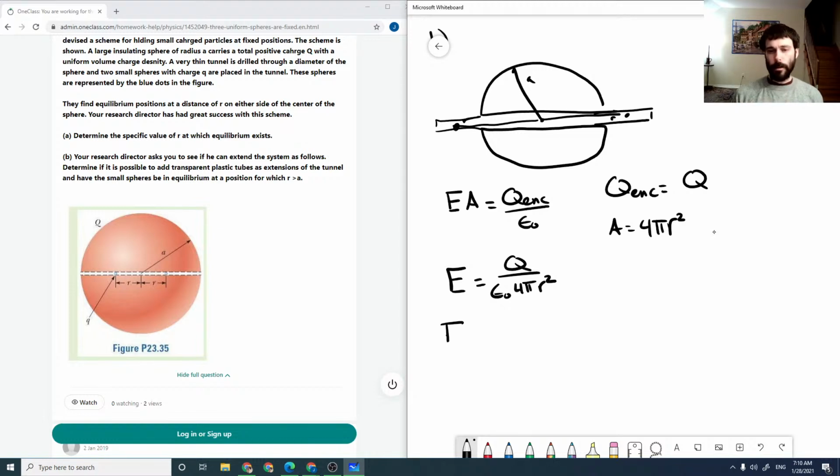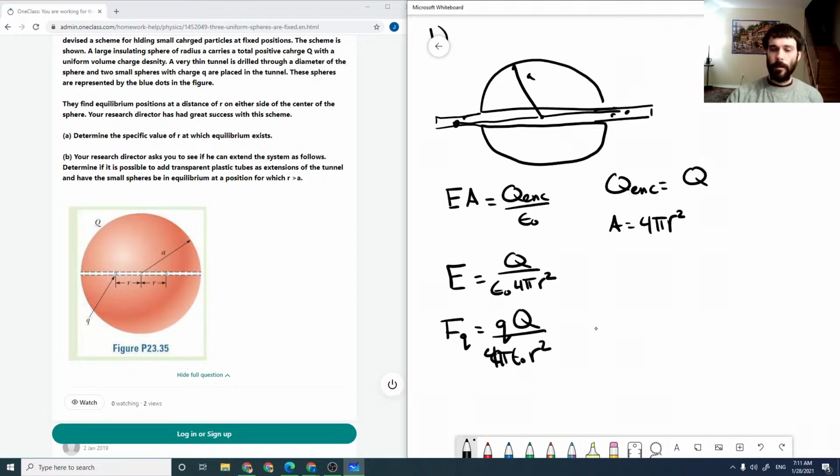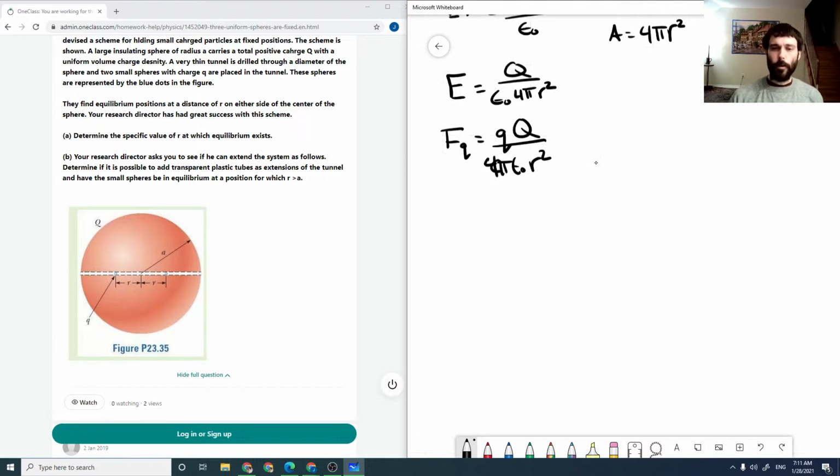And so then our force on our particles is going to be Q over 4 pi epsilon naught r squared. Okay, and then our force on our two particles is still going to be the Q squared over 4 pi epsilon naught times 2r squared, summing our two forces and setting the acceleration to 0.